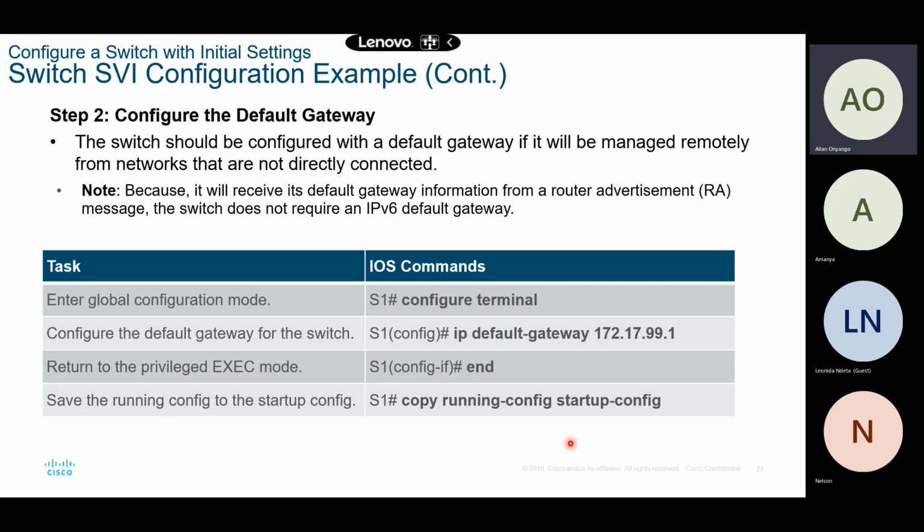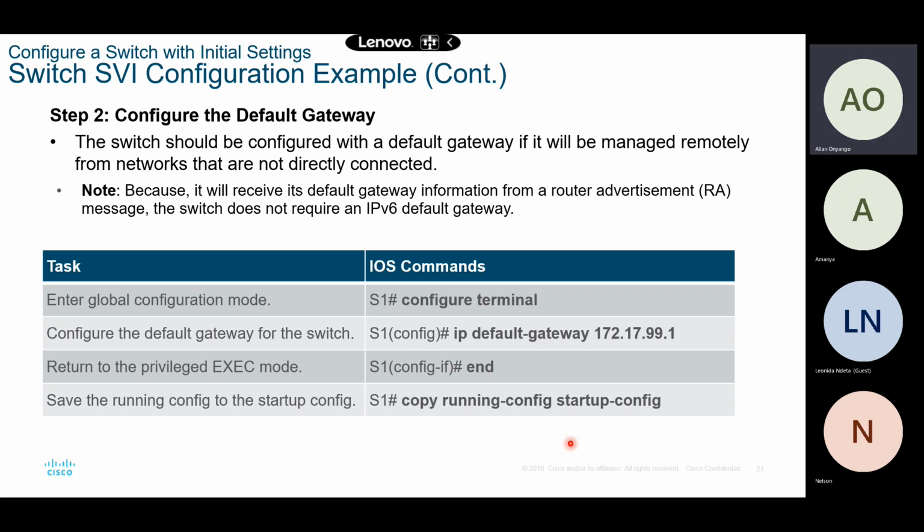The switch and the PC are the only two devices that need to be configured with a default gateway. And the command for configuring the default gateway, at the global configuration mode, is ip default-gateway 172.17.99.1.